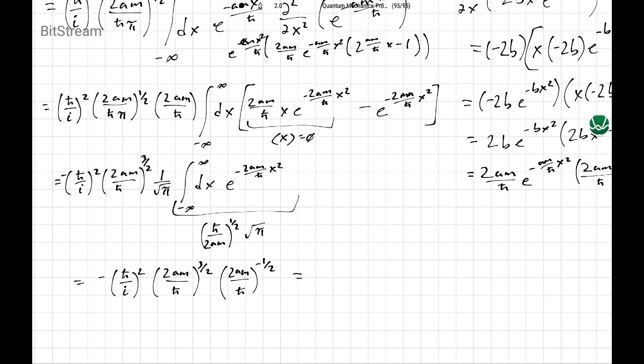Okay, so then I have h bar squared divided by -1 and a negative, so that just gives me h bar squared. And then we have 3/2 minus 1/2 just gives me 1. So that's going to be times 2am all over h bar, so much better. And I get 2am h bar.